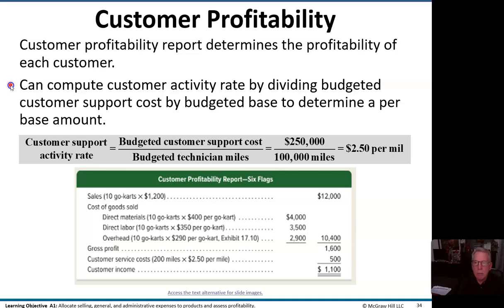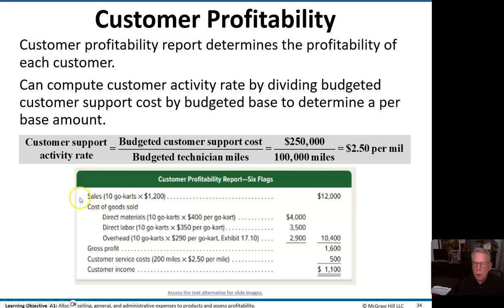And we can compute the customer activity rate, again, by dividing the budgeted customer support cost by the budgeted base to determine the per base amount. So here we have our budgeted customer support cost and the budgeted technician miles. So here our customer support activity base is $2.50 per mile.